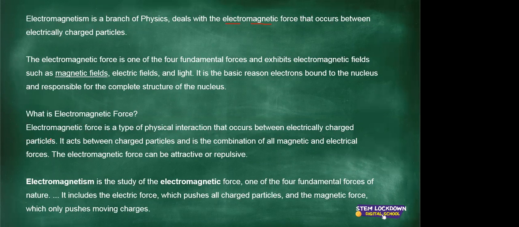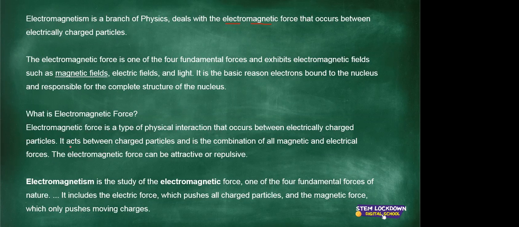Another way of them asking you is to summarize how an electromagnetic force works. So you will say, the electromagnetic force is a physical interaction that occurs between electrically charged particles.